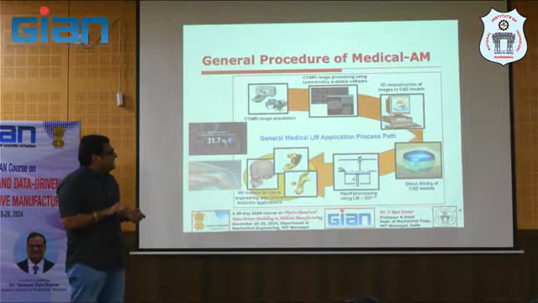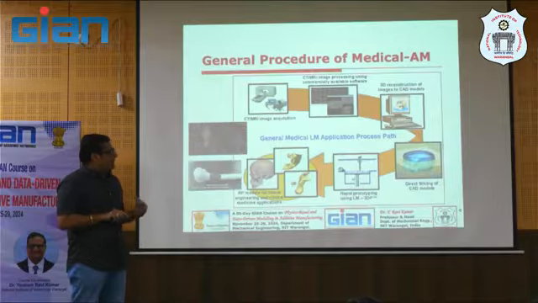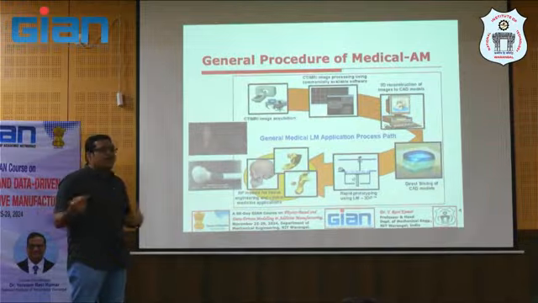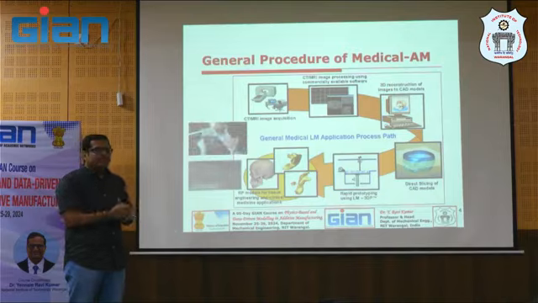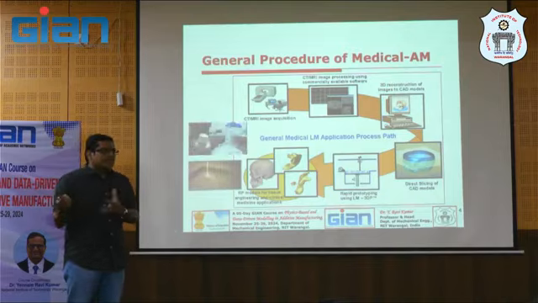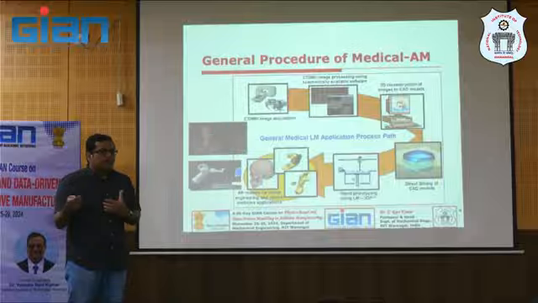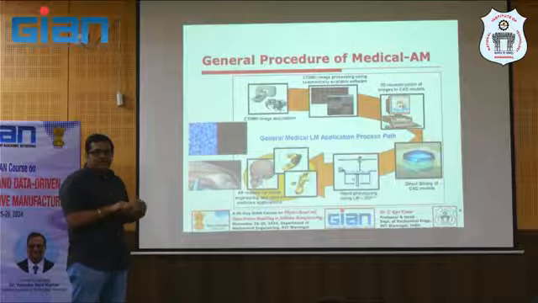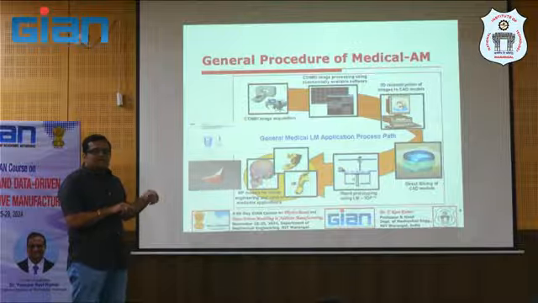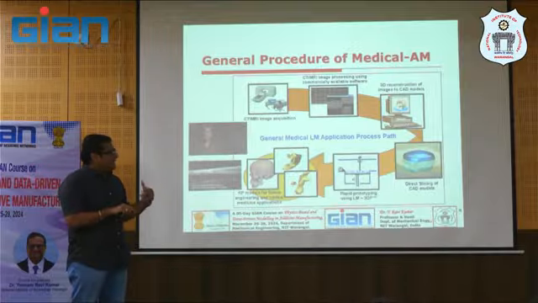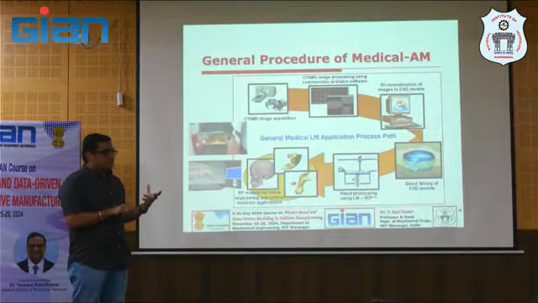And once you reconstruct an STL file, then depending on the facility you have, you may have an extrusion-based AM machine or powder bed or DED or material jetting or binder jetting or VAT system, or it may be a sheet lamination, whichever among the 7 processes you have, and it follows the cycle of that. So means taking a powder, and yesterday also we have seen how a powder bed laser-based machine works, right?